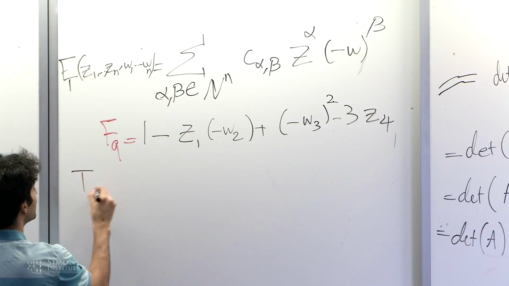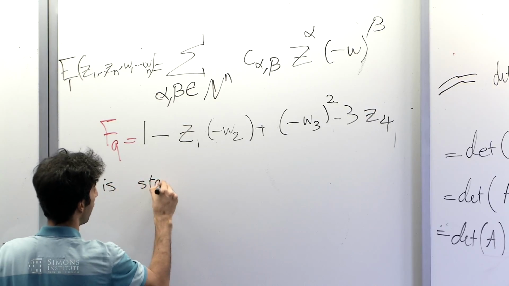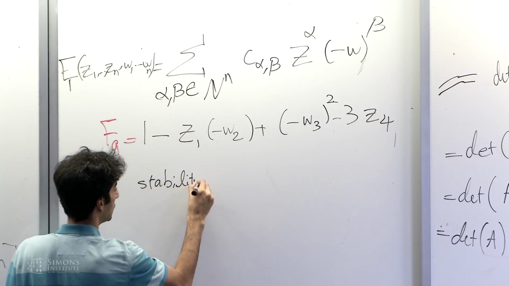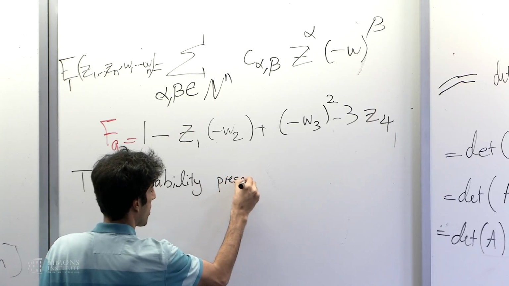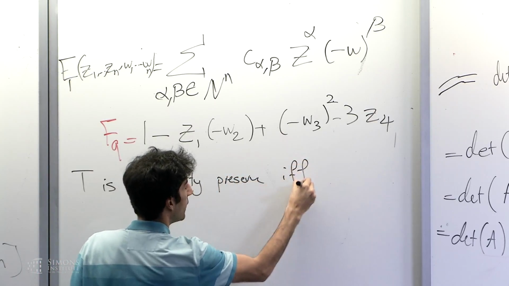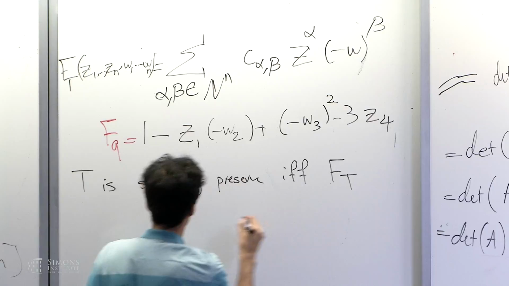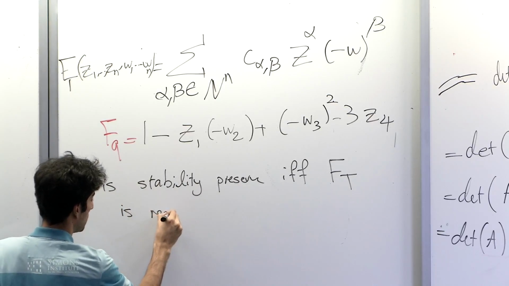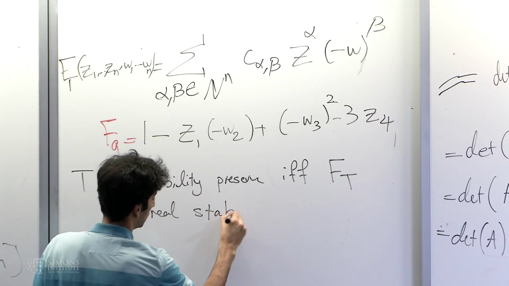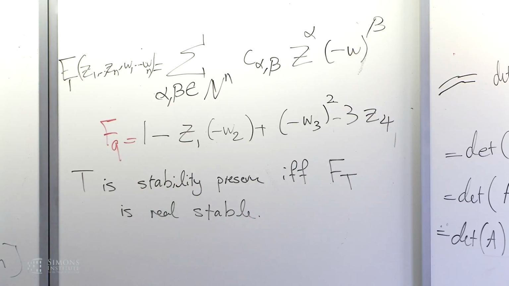Now, T is a stability preserver if and only if f of T is real stable. So that's the theorem.